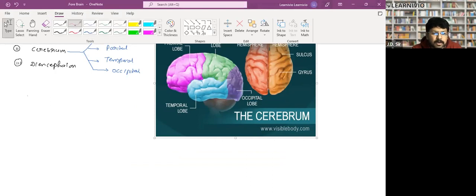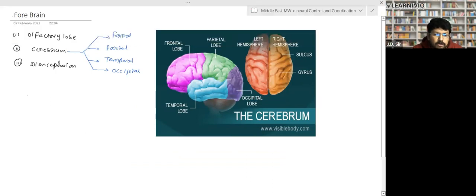Out of this forebrain, this part is called frontal lobe, this part is parietal lobe, this part is occipital lobe, and this is temporal lobe. Our complete forebrain is divided into two hemispheres, the left hemisphere and the right hemisphere. Every hemisphere has all these four parts, so there are two frontal, two parietal, two temporal, and two occipital.